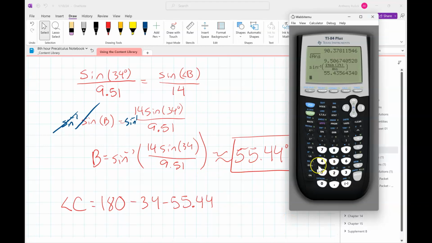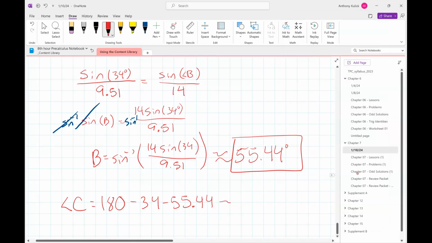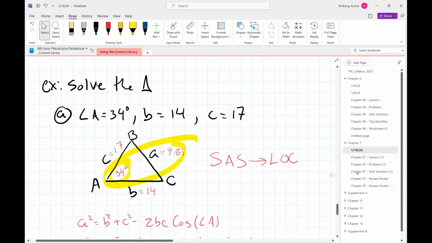Don't do more work than you need to. Could you do the law of sines again on this thing? I mean, I guess, but don't. Do it the easy way. So I get 90.56. So I'll go and add those into my picture here.